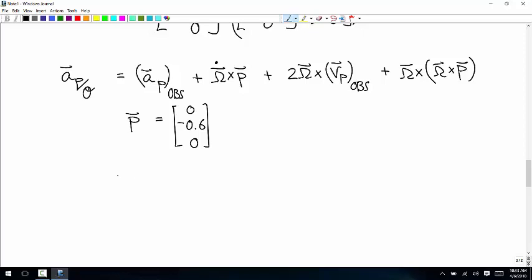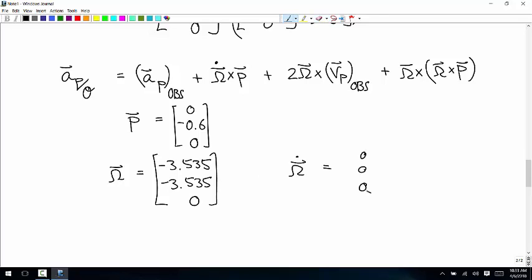And then capital omega, that's the same angular velocity that the coordinate system had in the last example we did. So that's negative 3.535, negative 3.535, 0. There's no time derivative of that.